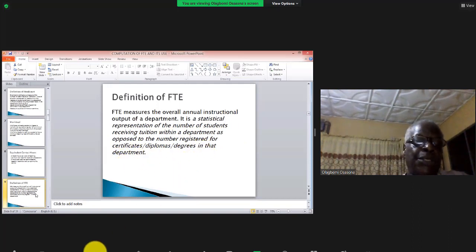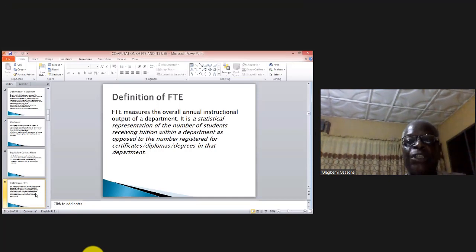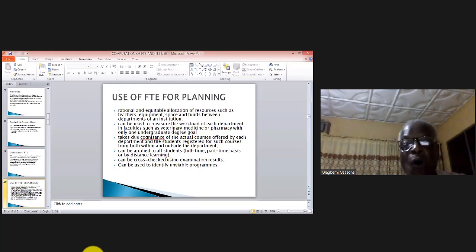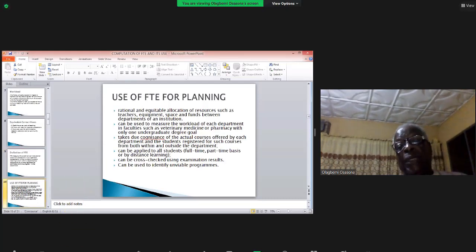For instance, you can have 3 students in mathematics, but the FTE can be much more than that because they are rendering service courses to engineering and other faculties. So it helps us to measure the workload of a department.